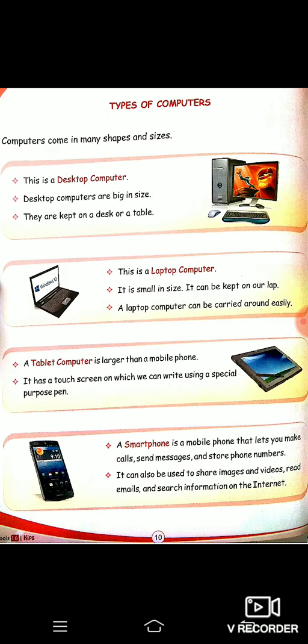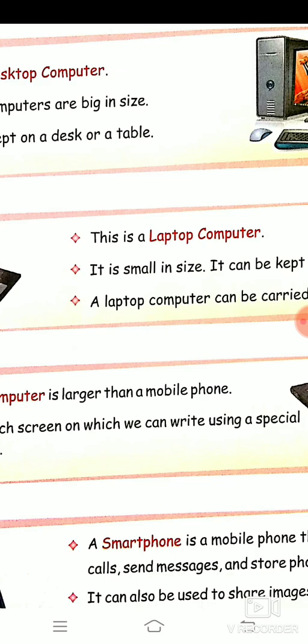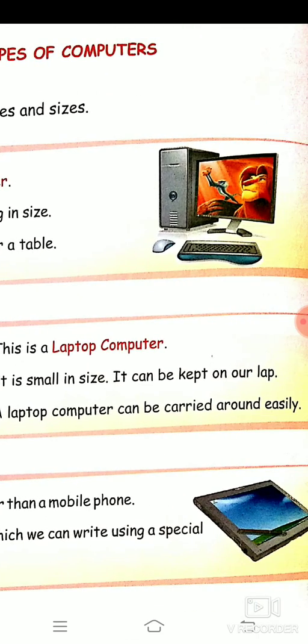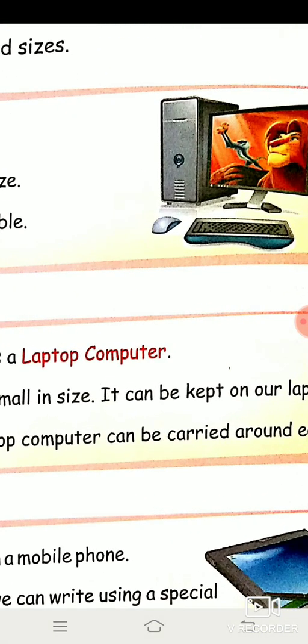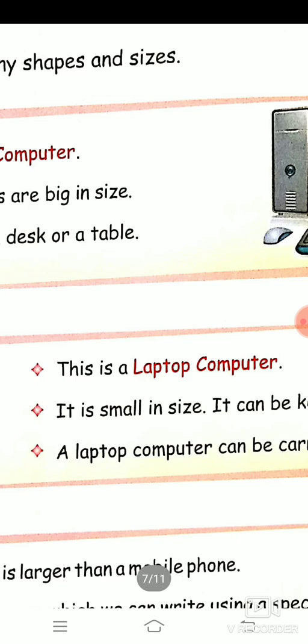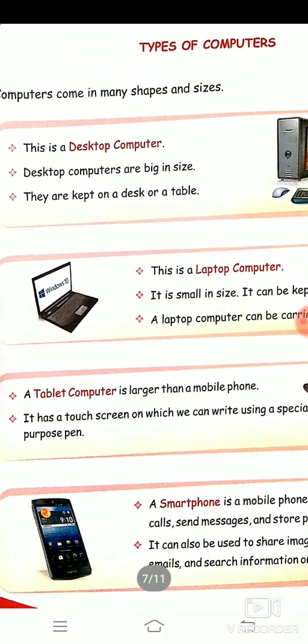These computers are kept on a desk. They have a separate CPU, a mouse and a keyboard. These are the basic parts of a desktop computer. It is a general purpose computer which is used by people for different works.